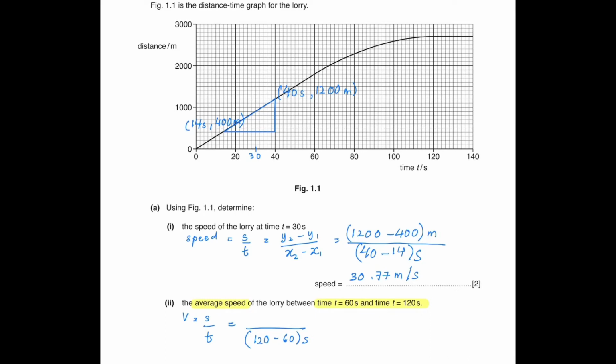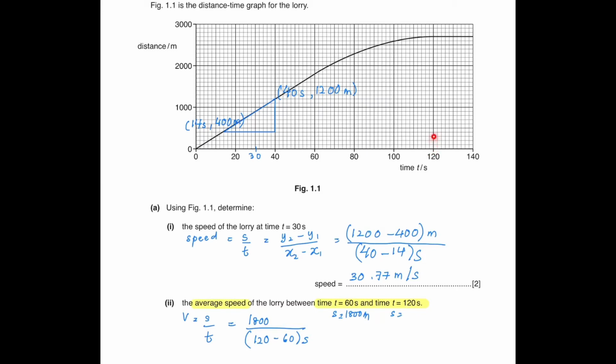So when t is 60 seconds, okay, so here is the distance. 1,500, 6, 7, 8. So 1,800. Sorry. So S is 1,800 meter. When t is equals to 120 seconds, so look at the graph.